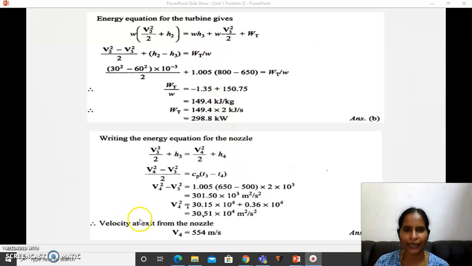Again, the third energy equation, for the nozzle: if you write it, only velocity terms and enthalpy terms will come into play. Instead of giving the values of h3 and h4 directly, they have given Cp and the corresponding temperature, so you can substitute Cp and the difference in temperature, convert it into joules, and finally get the exit velocity.